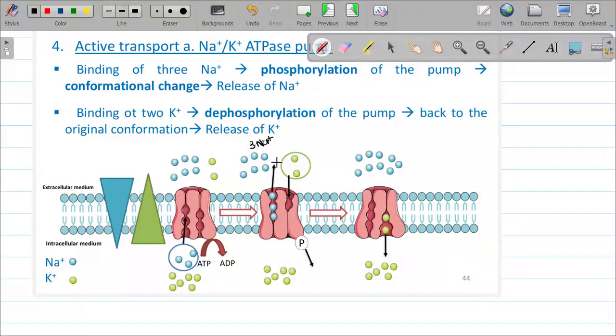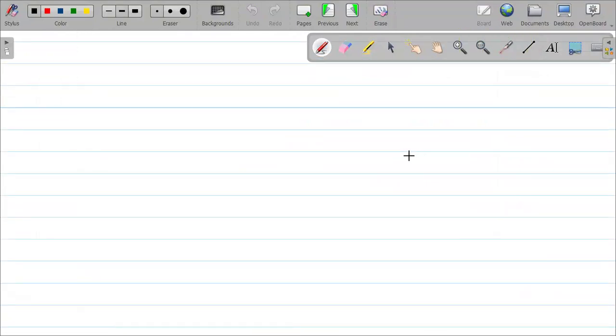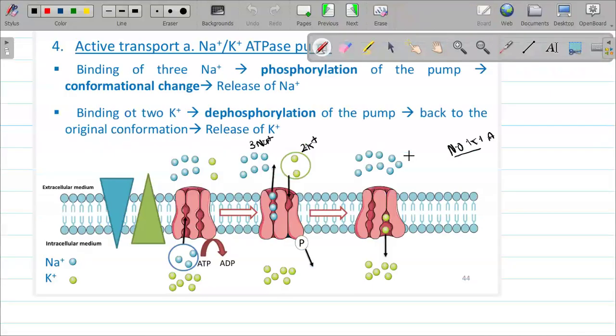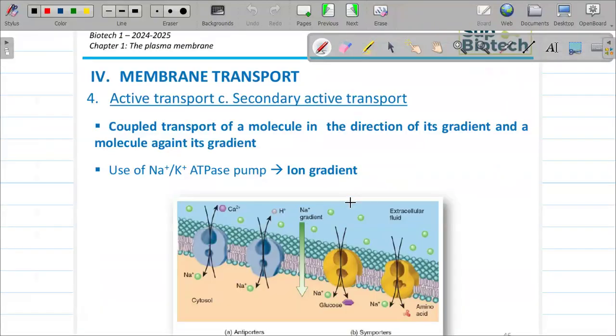Na+ is able to move outside, but 2K+ is able to move inside. Na+ outside, K+ inside. So this is how the transport of molecules takes place. The 3Na+ 2K+ rule is given here.